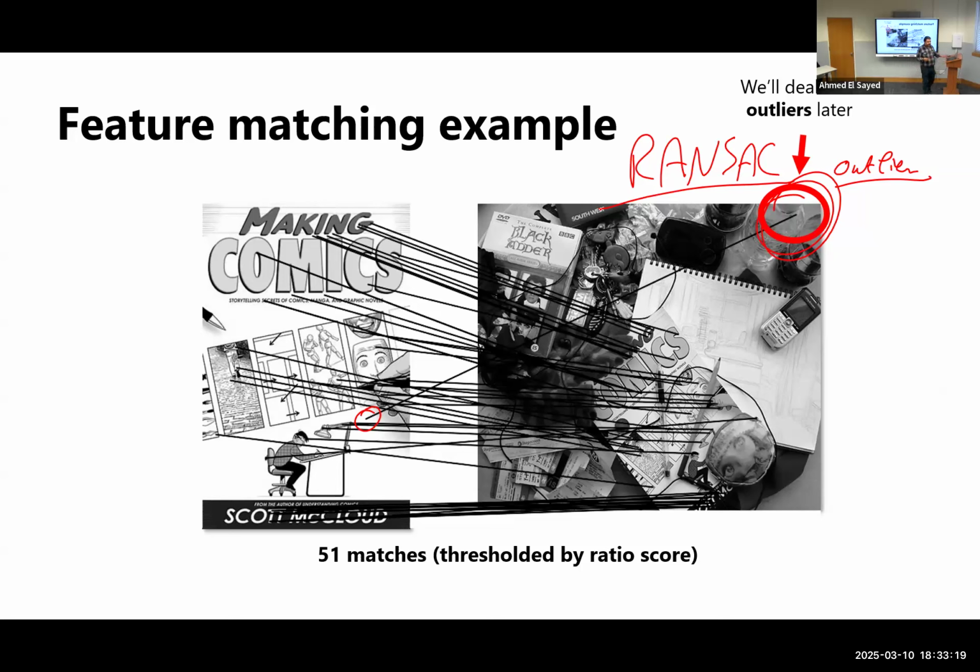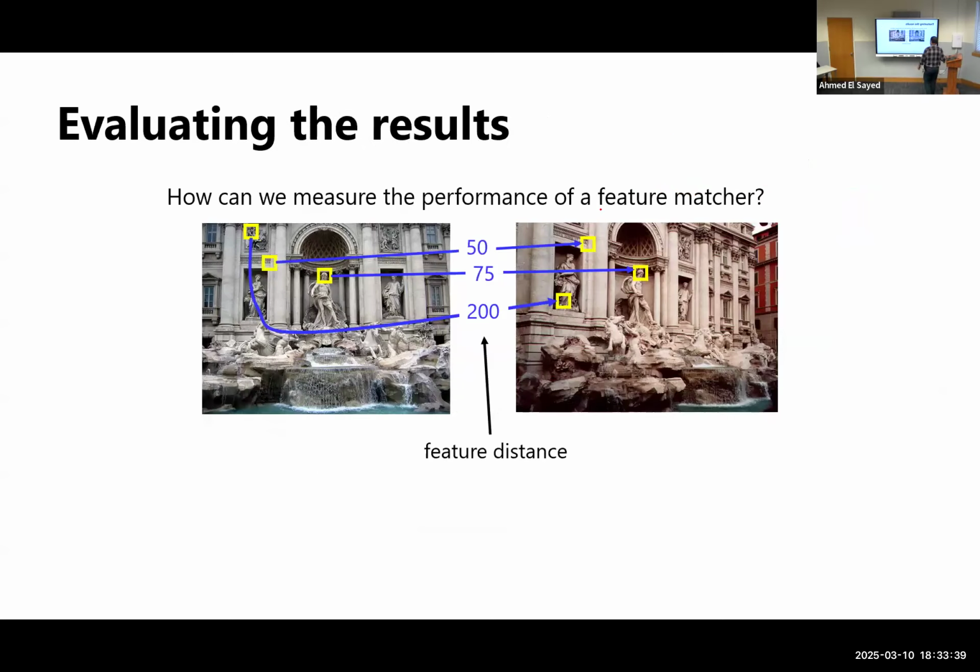Now the question is, I did the process and found the match. How can I judge if the match is good or bad? I need to quantify this, make numbers that can give me the quality of the match. Can you do that? The answer is yes.